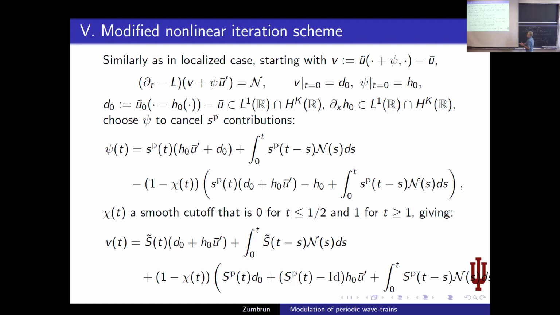Okay, but this will be fine. Plugging that into our V equation, we get what we had before, this nice term, but now we also have a leftover term with this cutoff. For small time the cutoff is 1. This is playing a role, but for large time it's gone.